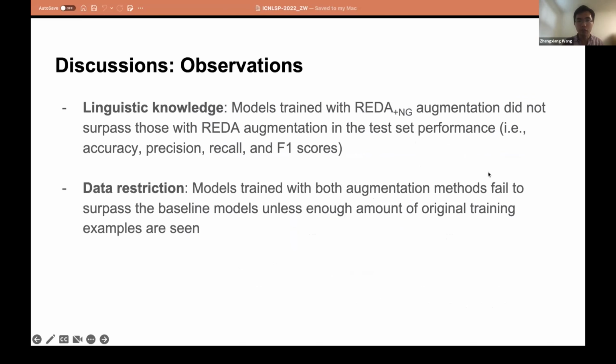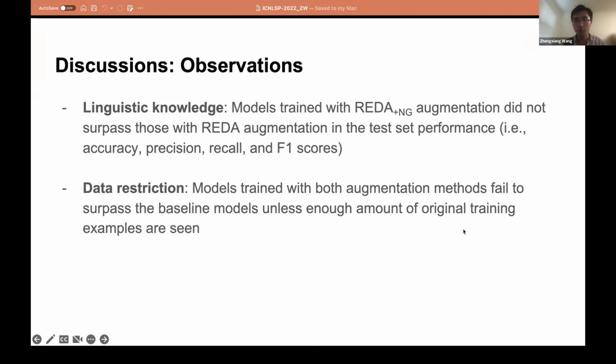So the observations are twofold. On one hand, models trained with REDA enhanced by n-gram augmentation did not surpass those with REDA augmentation in the test performance, in terms of accuracy, precision, recall, and F1 score. And there's a restriction on the size of the data.